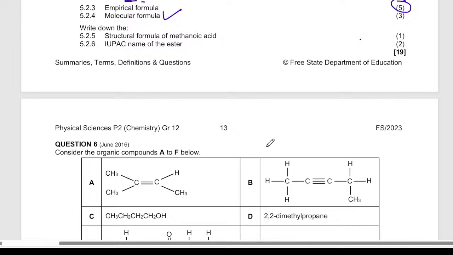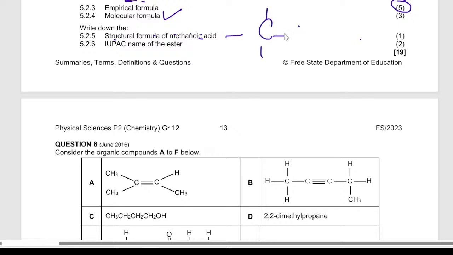Okay. So let's go to the last question here. They're saying write down the structure formula of methanoic acid. The structure formula of methanoic acid, we saw it.